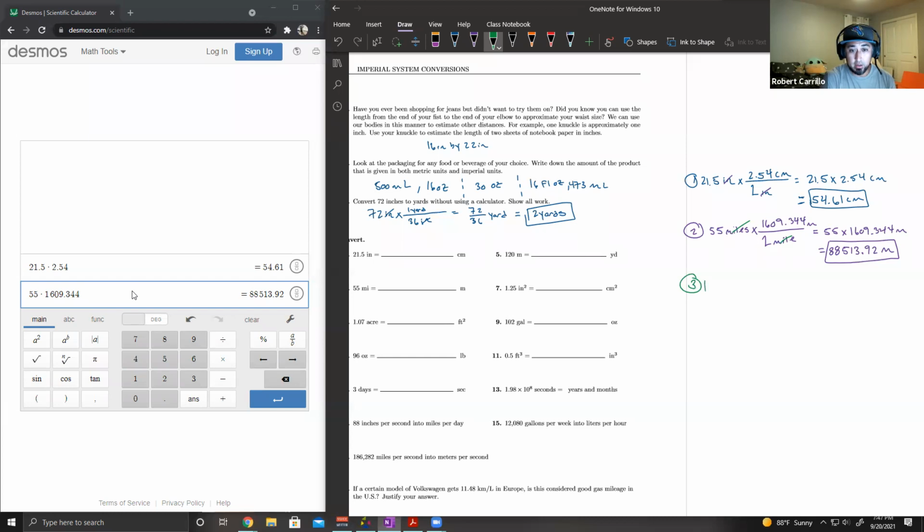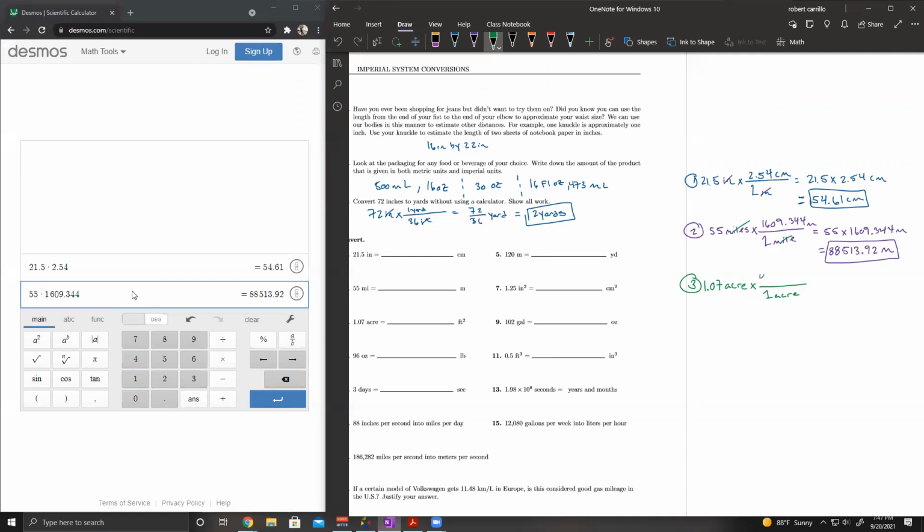So we're going to say 1.07 acres times, and by the conversion above, 1 acre is equal to how many square feet? 43,560 square feet.